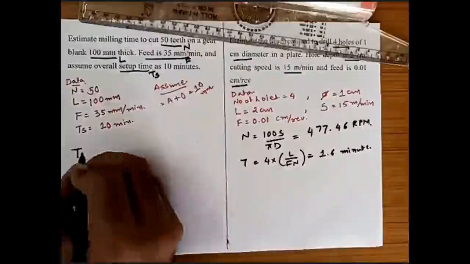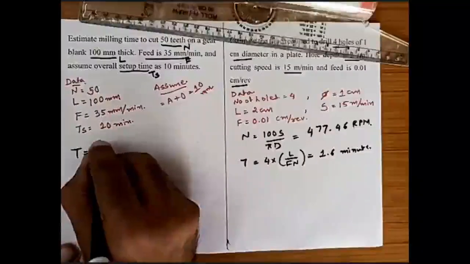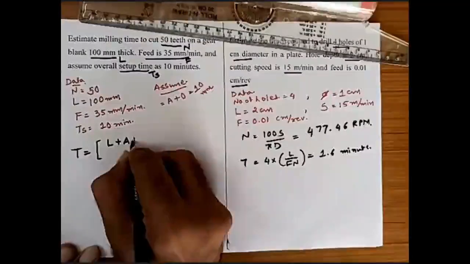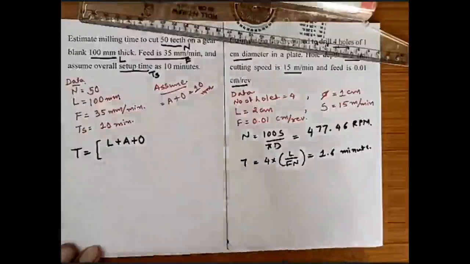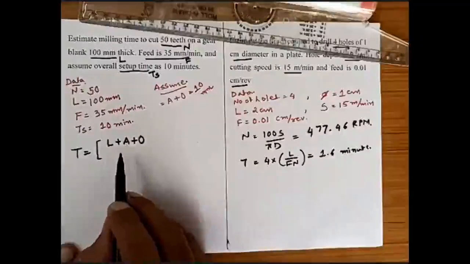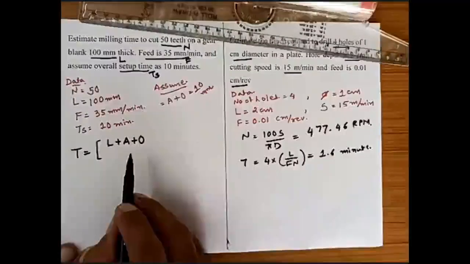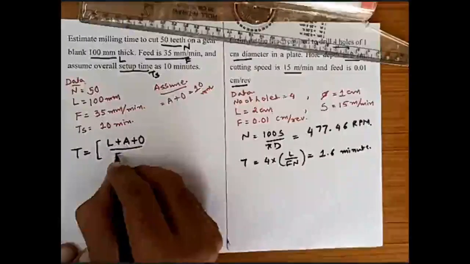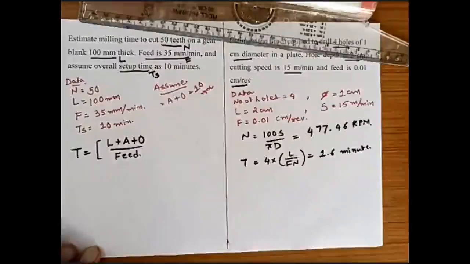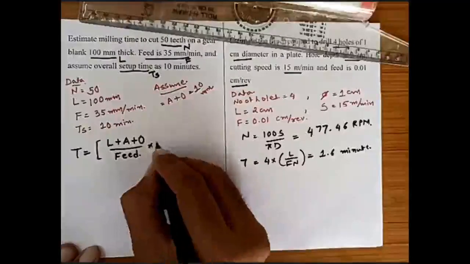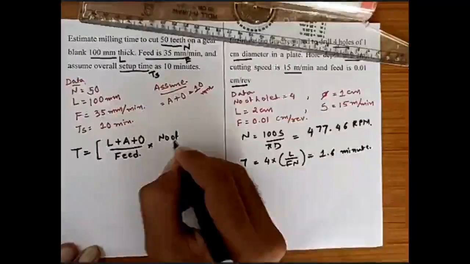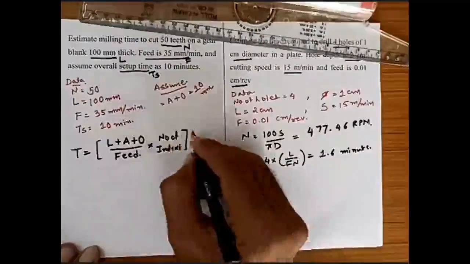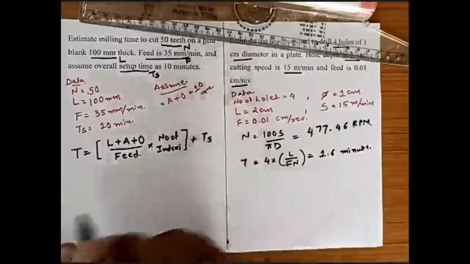So milling time T is equal to (length of cut plus approach plus overrun, the total length) upon (feed into number of indexing), bracket close, plus the setup time TS.